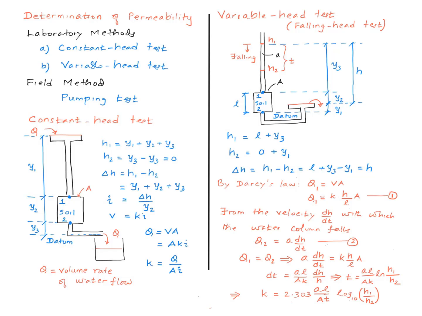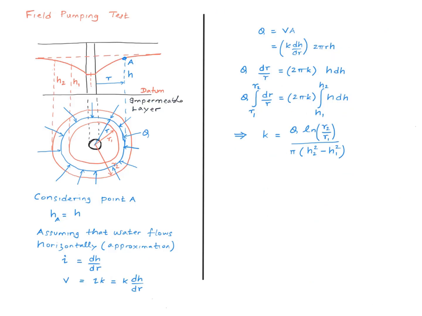So during the falling head test, you measure the time that it takes for the water column in this vertical tube to fall from a height of H1 to H2, and then you can use this equation to calculate a value for the permeability of the soil in the tube.